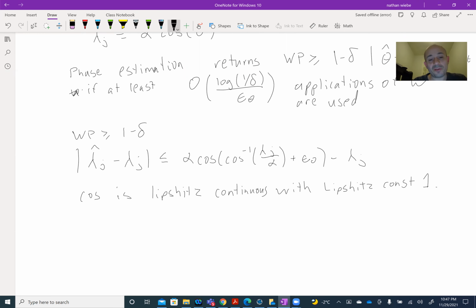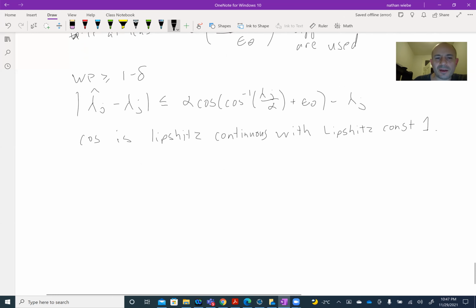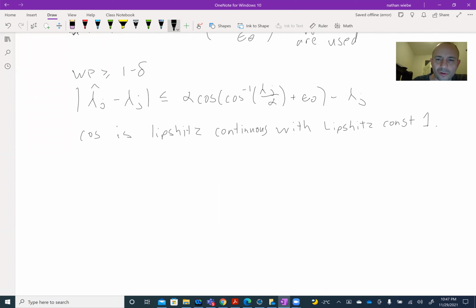You can see this because the cosine function is, of course, differentiable with its maximum derivative equal to 1. Therefore, it's Lipschitz with constant 1. And so from this, we can see that this expression over here is upper bounded by alpha epsilon naught.